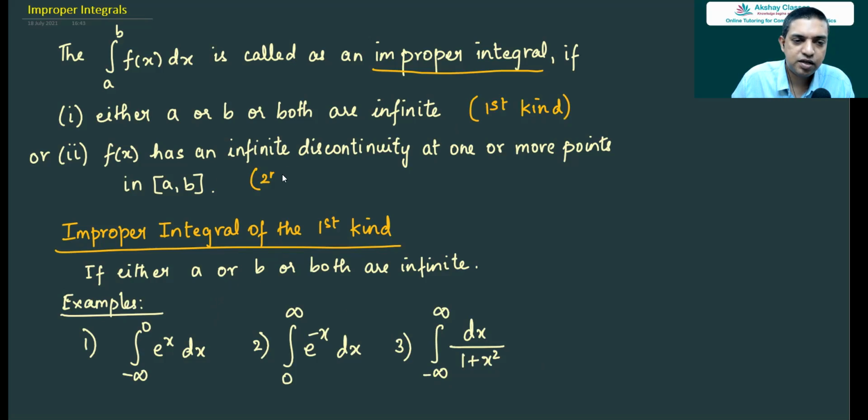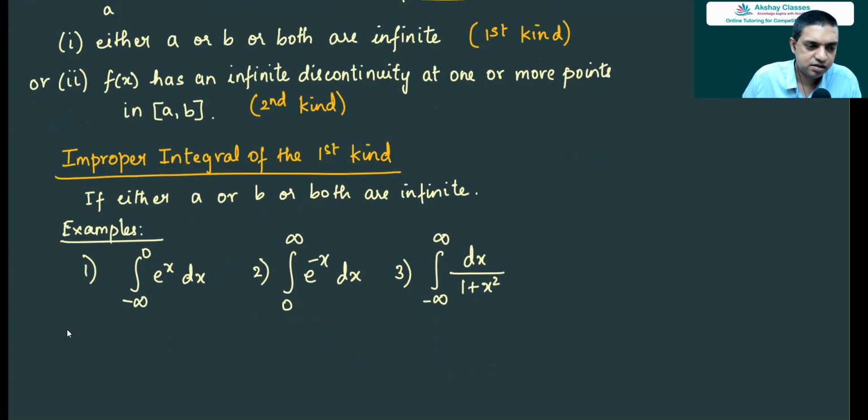And the second one is called the improper integral of the second kind.